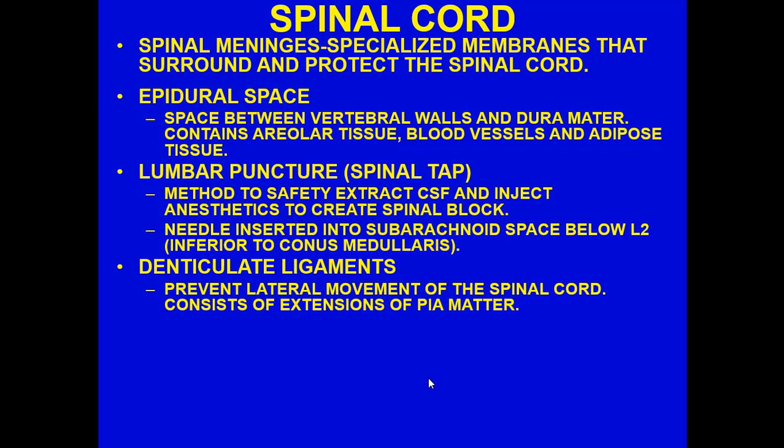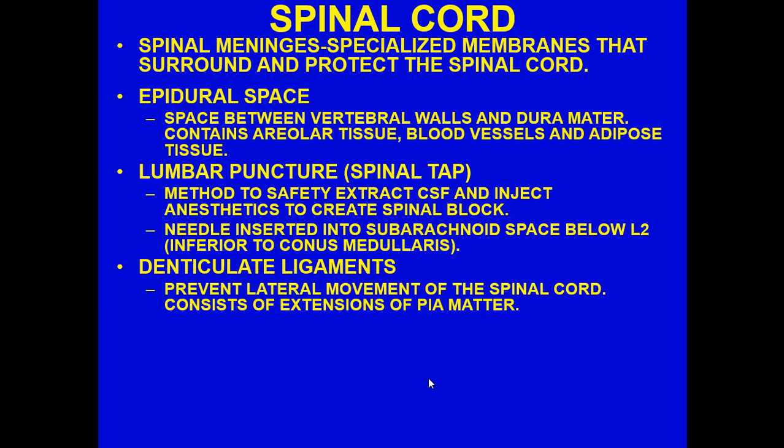You have to think about this from another perspective. Why do they do it down there? Because if they did it higher up, you have too much of a risk of that needle puncturing and damaging the spinal cord. So as long as you get into the subarachnoid space below L2, and that's really inferior to the conus medullaris, you've got no problem.